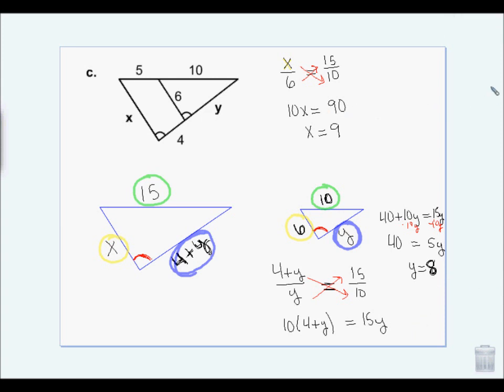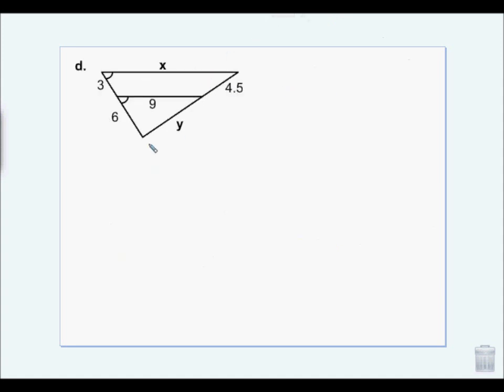Let's try D. Okay, so D. See, this one doesn't rotate either. All right, well, I have a big triangle, I have a little triangle. This angle is the same in both. They're not congruent, because congruent would mean they were the same exact size.